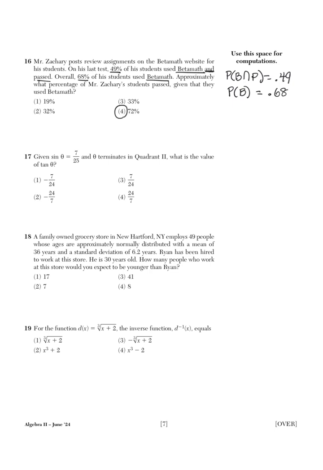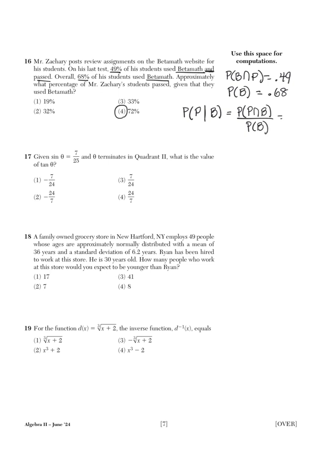Now let's read the question. It says, approximately what percentage of Mr. Zachary's students passed, P for passed, given that they used beta math? That's what we want to find out. So the formula for given is the probability of P and B over the probability of B. That's the formula.